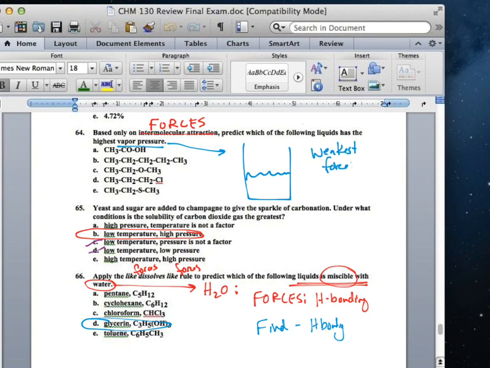What is our weakest force? London dispersion forces. How do we get London dispersion forces? Same bonds in an HC. Yes, that's the definition. We're looking at same to same with HC, and just H to C, which would work for this question.